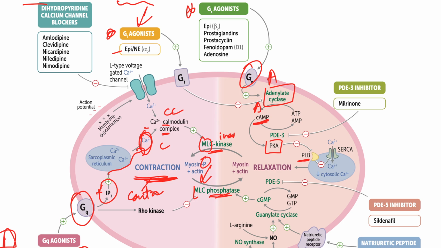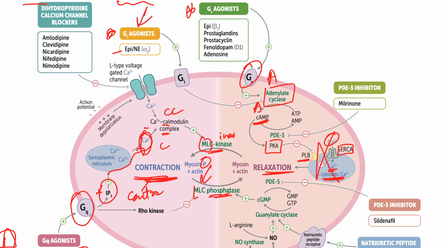Phospholamban, what was it normally doing? Look, phospholamban normally was inhibiting SERCA. And what was SERCA doing? SERCA was allowing calcium to go inside the sarcoplasmic reticulum, right? And that is going to cause a decrease in cytosolic calcium that will lead to relaxation. So when you inhibit phospholamban, you are inhibiting the whole thing, and you will have vasodilation.